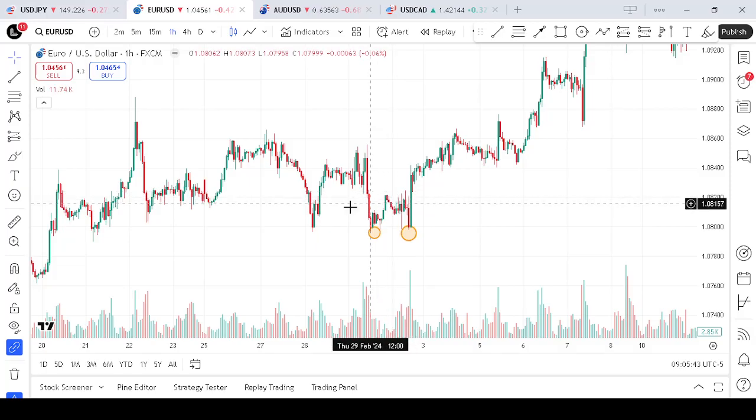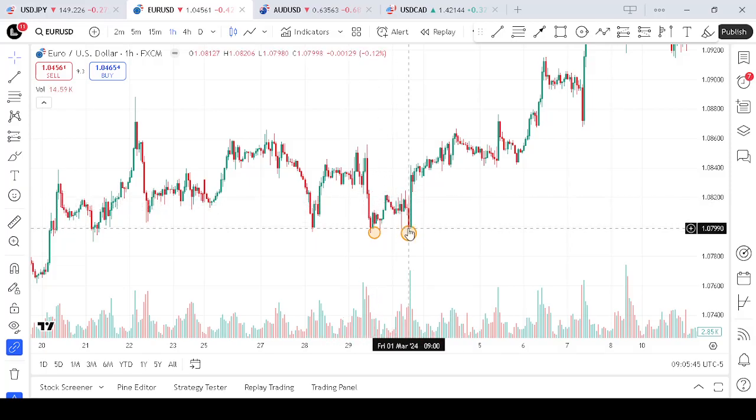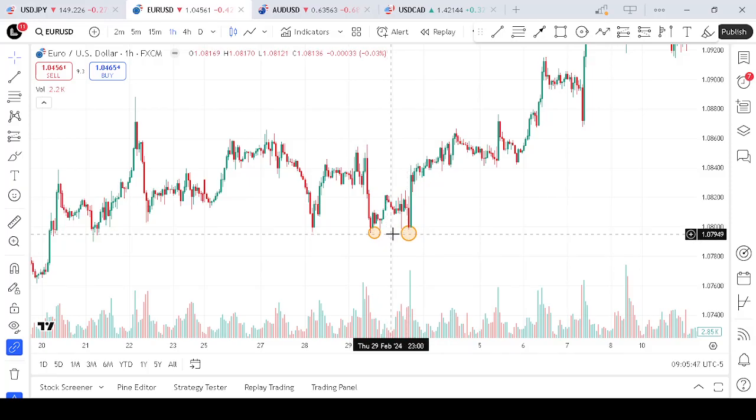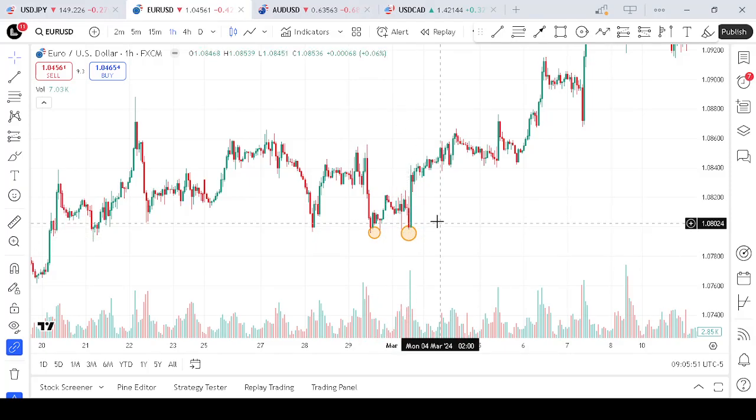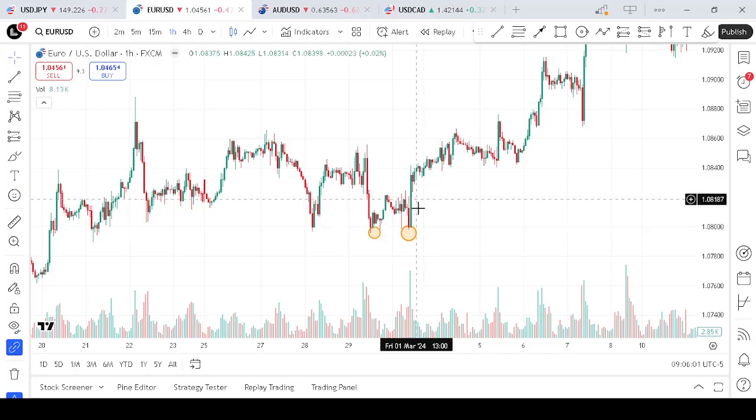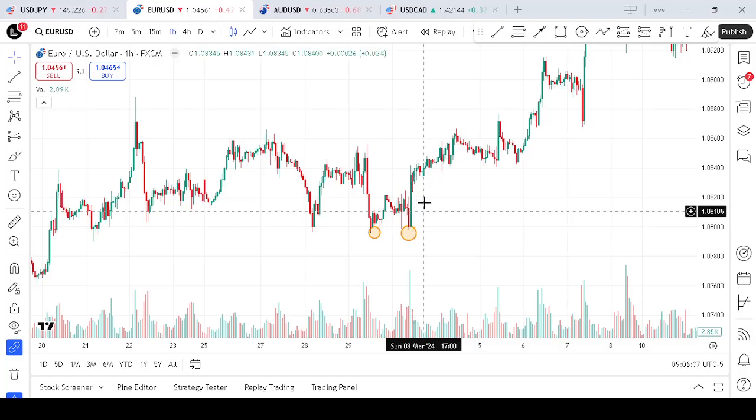The second bottom should not fall below the first, indicating that the downward momentum is weakening. When you spot this pattern, it suggests that buyers are gaining strength, potentially driving price upward, which happened in the example on the screen.